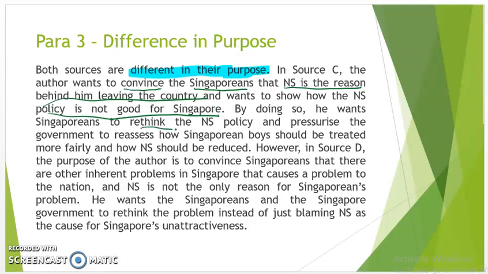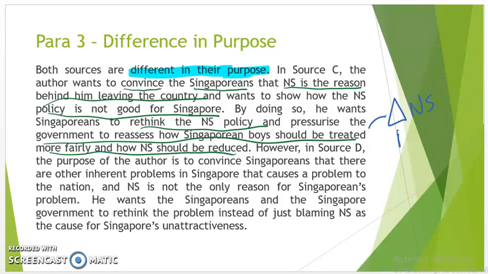He wants Singapore to rethink the NS policy and pressurize the government to reassess how NS should be reduced, or that Singaporean boys should be treated more fairly. So you can see that this purpose is mainly to change the NS policy. The audience is the Singaporeans. NS is not good, that is the message.